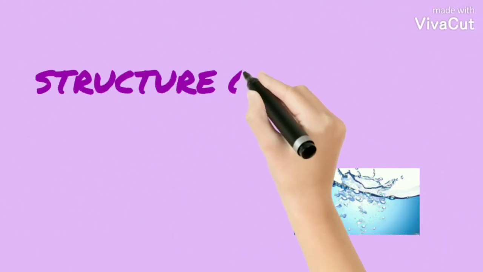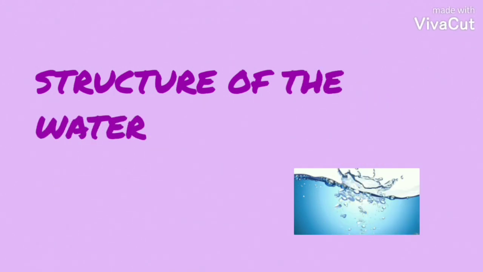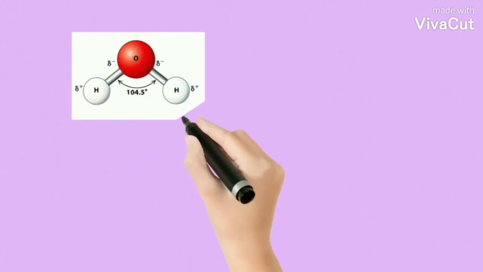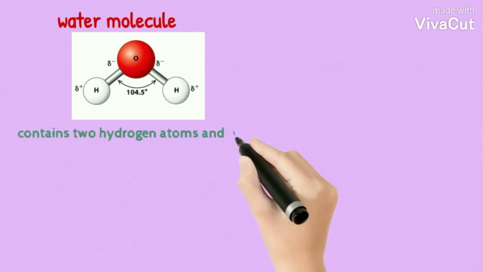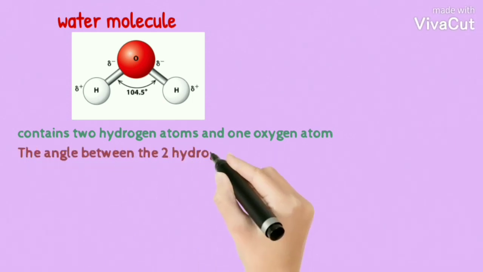Firstly, we will learn about the structure of the water. This is a water molecule. A water molecule contains 2 hydrogen atoms and 1 oxygen atom.